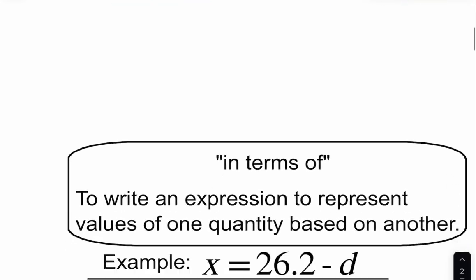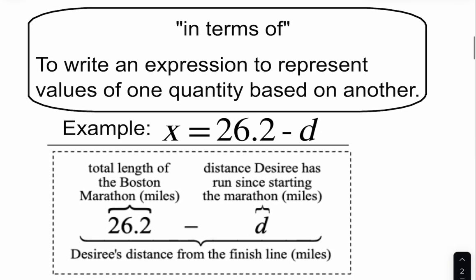Okay, let's take a look at a new phrase you're going to hear quite a bit. If you see mathematically, it says write the expression in terms of, it's to write an expression to represent values of one quantity based upon another.